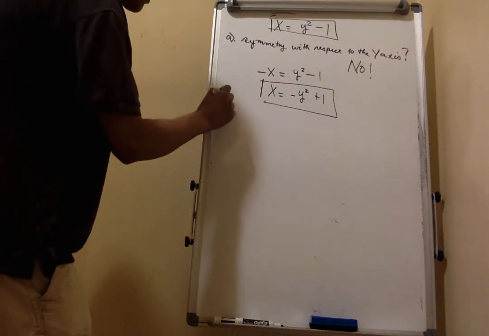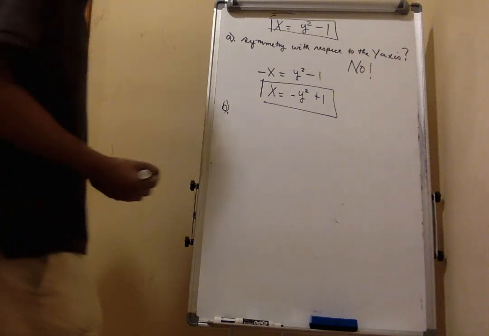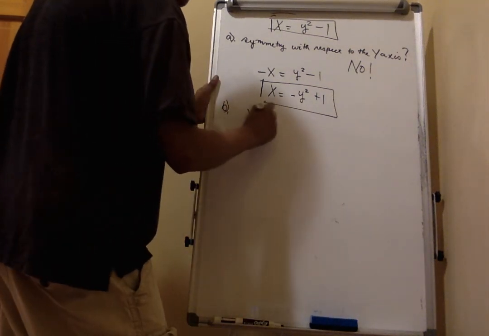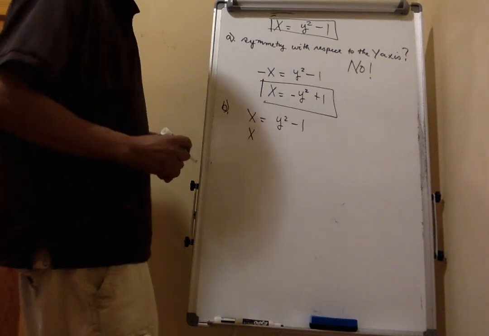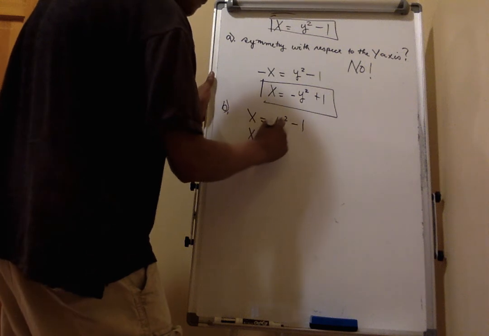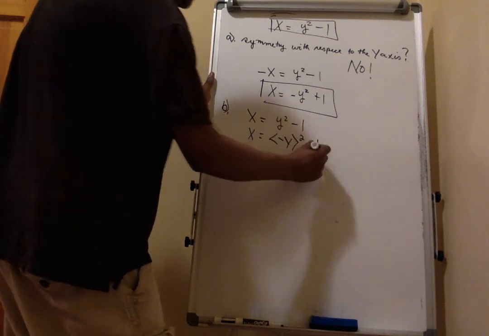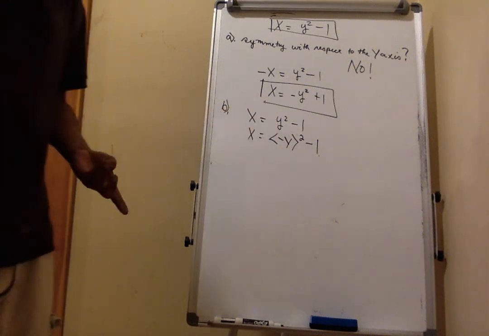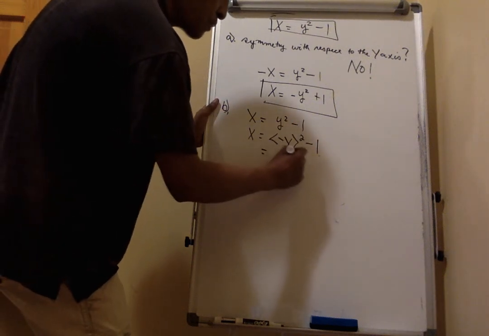Let's try to test whether it is symmetric with respect to the x-axis. Then I have to change what? y into negative y. So x is equal to y squared minus 1. Then I'm replacing y by negative y. So I have negative y squared minus 1. And as you know, negative y squared is the same as saying y squared, because negative y times negative y is y squared.